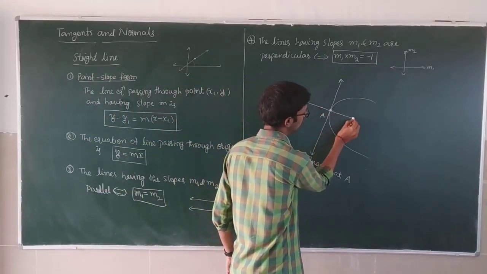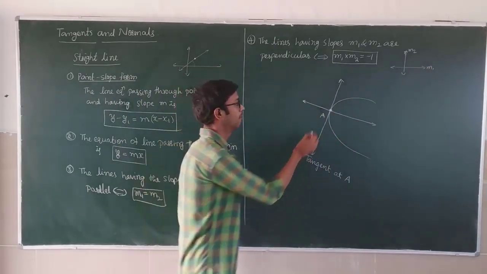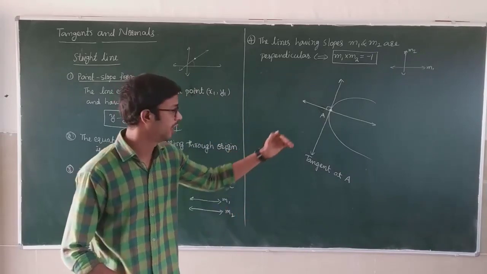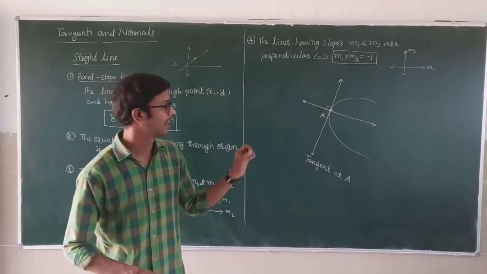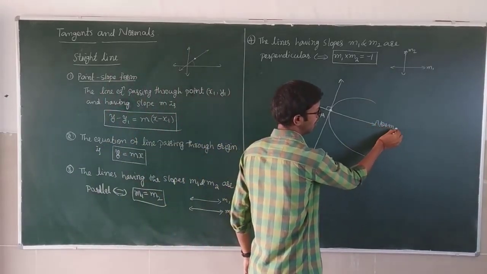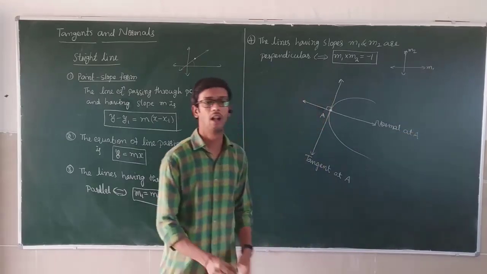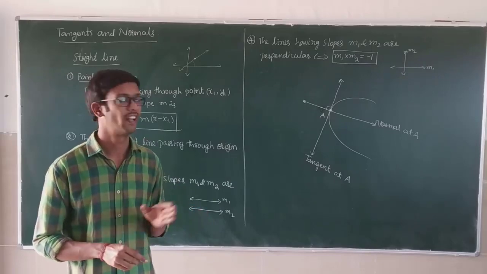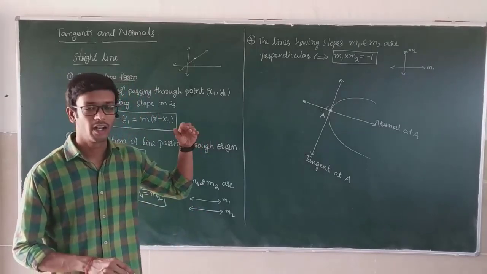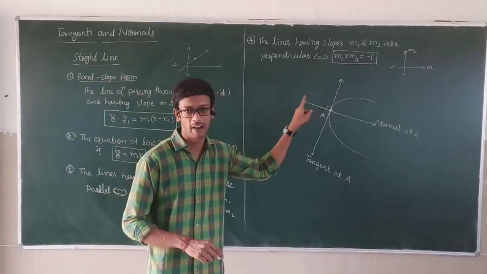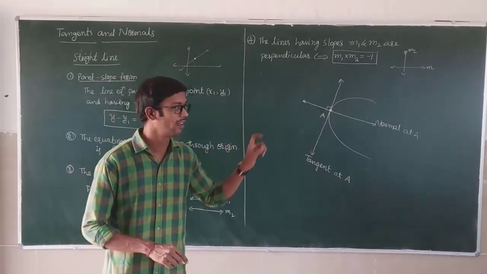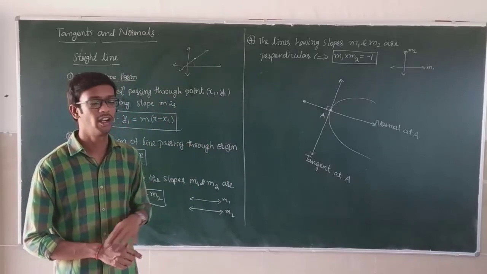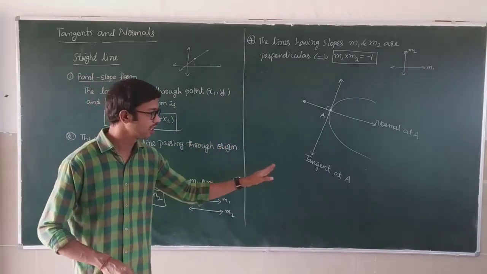A line passing through the point of contact and perpendicular to the tangent is called the normal, the normal at point A. So the tangent is a line that touches the curve at only one point, and a line perpendicular to the tangent and passing through the point of contact is called the normal to the curve at the point A. Tangent is perpendicular to normal.